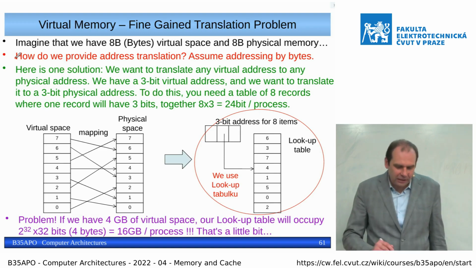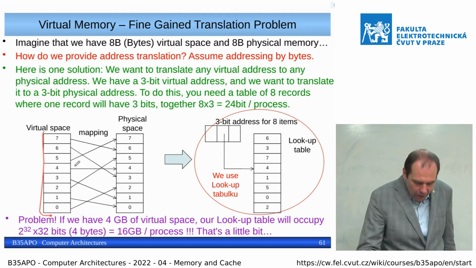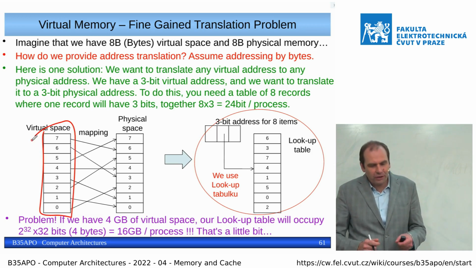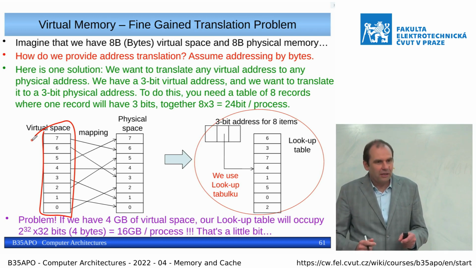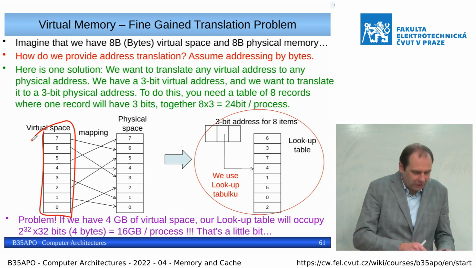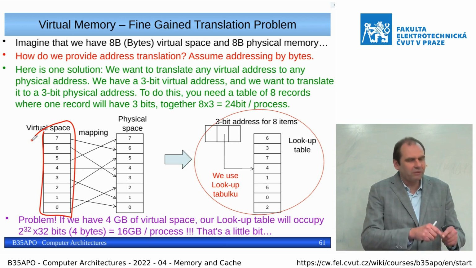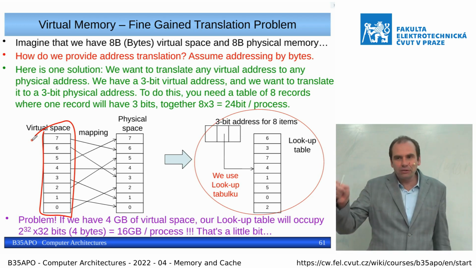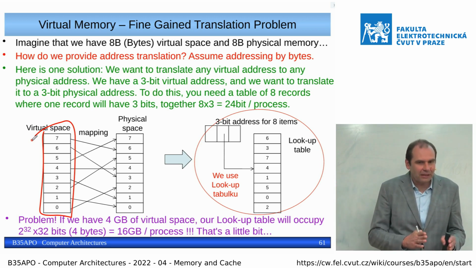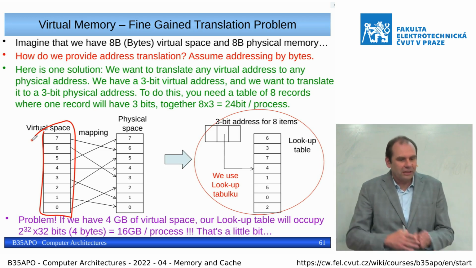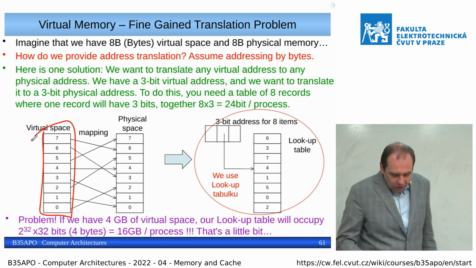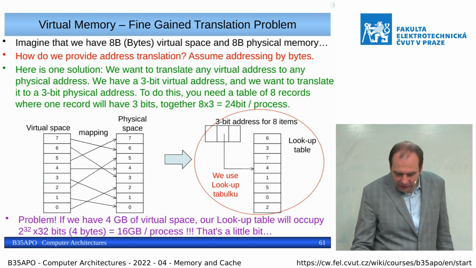But the actual translation is relatively slow. So basically, we divide our virtual address space into some blocks. Again, if for each byte in our virtual address space we wanted a pointer to where it is located in the physical memory, then the management data would be much, much larger than the actual data we want to work with. So the mechanism is done through some table.